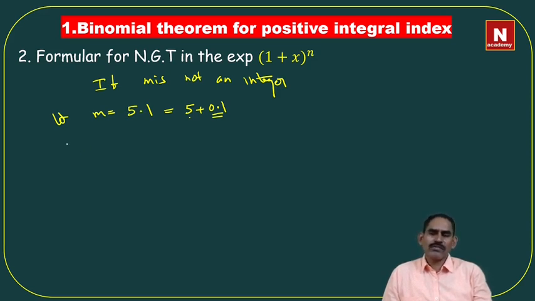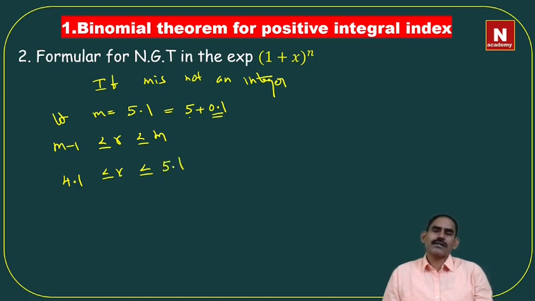So according to the previous equation, m minus 1 less than or equal to r, less than or equal to m. That means 5.1 minus 1, 4.1, less than or equal to r, less than or equal to 5.1. So here r is an integer. The integer which lies between 4.1 and 5.1, only one integer is there, that is r equals 5.